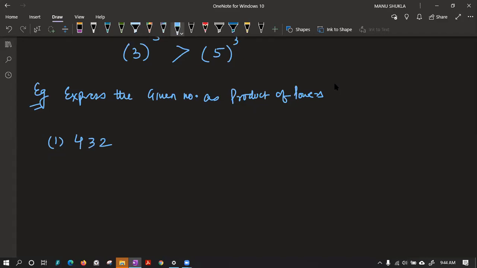Just try to prime factorize it. No power is there. You just have to find the answer in power form. You have to prime factorize it and tell the answer. Question is saying express the given number as product of powers of prime factors.